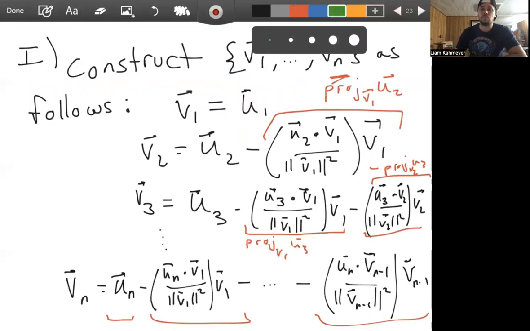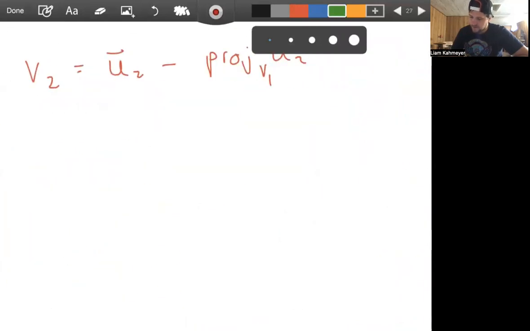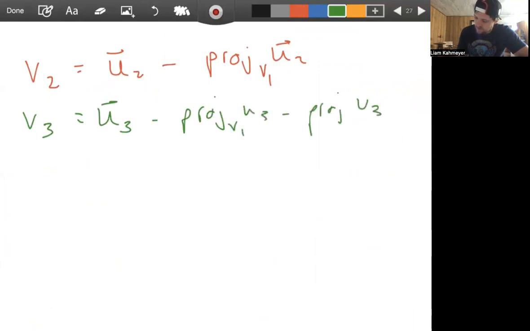But if you remember that at each step you're just subtracting the projection of UI onto all of the previous VJs, then the formula becomes a lot easier, right? So for example here, just to help memorize, this would be U3 minus the projection onto V1, minus the projection onto V2.